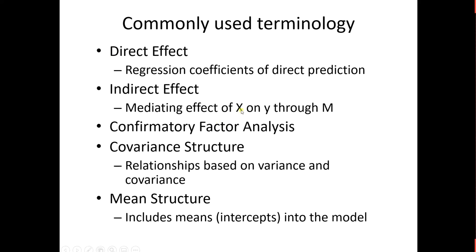Say x is the predictor variable, y is the outcome variable, and m is another variable which is a mediator variable. If x is influencing m, and m in turn is influencing y, then x is also having an indirect effect on y through m. Such effects are called indirect effects. So an indirect effect always occurs via one or more variables.